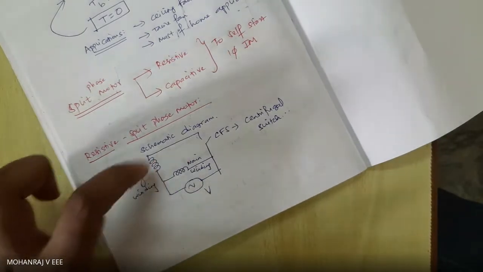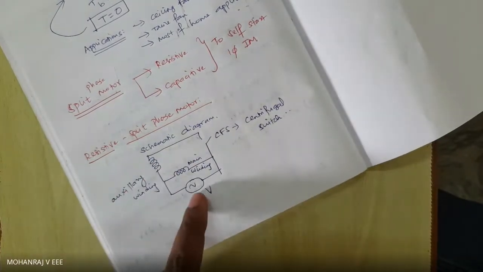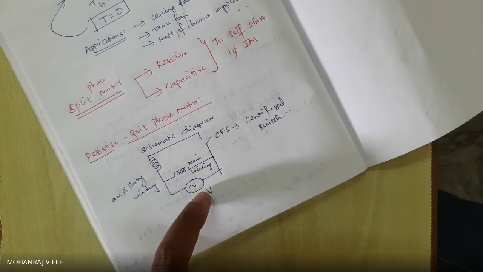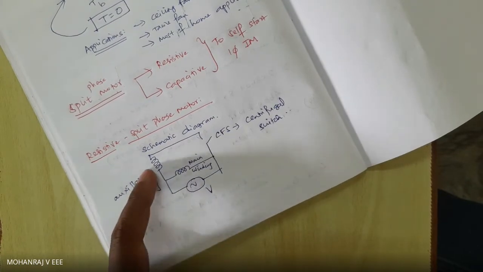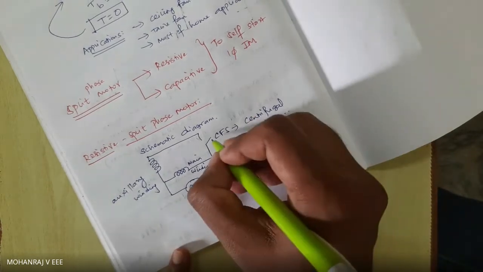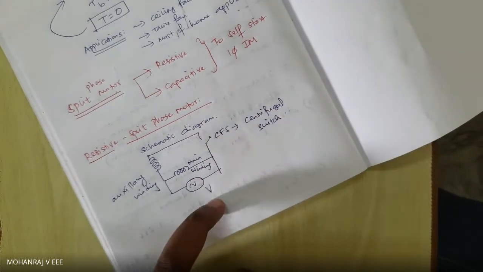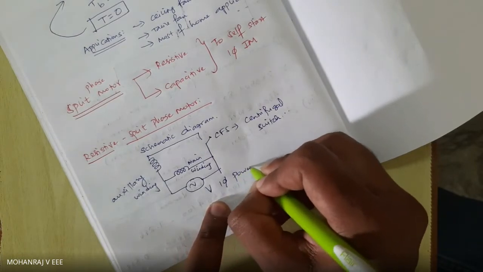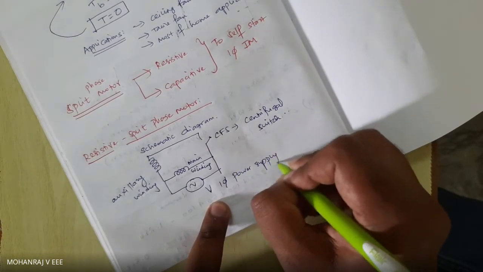So this is my stator side, that is, my stator winding. To both the main winding as well as the auxiliary winding, I give a single phase power supply. So this constitutes my stator.